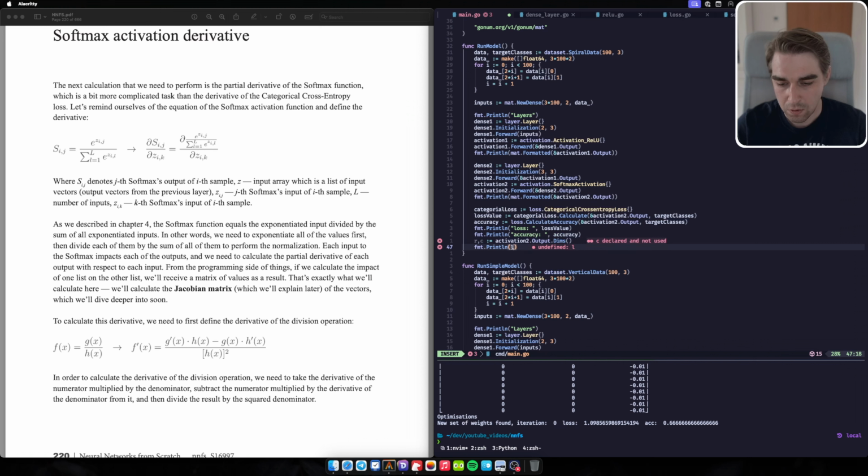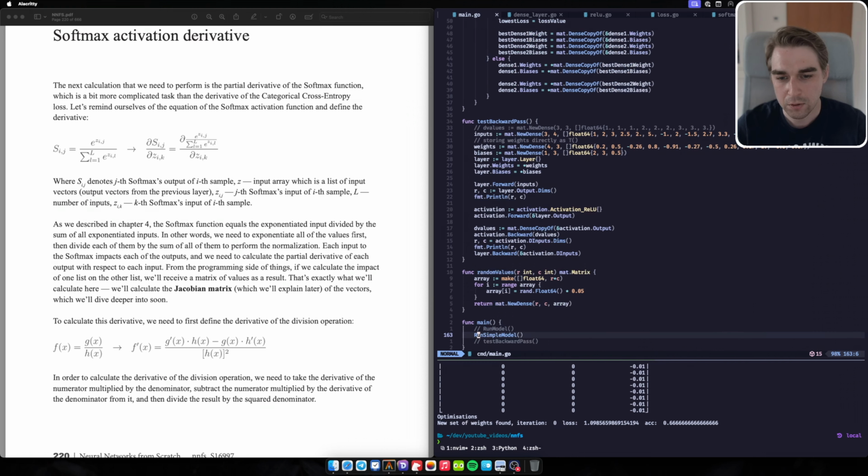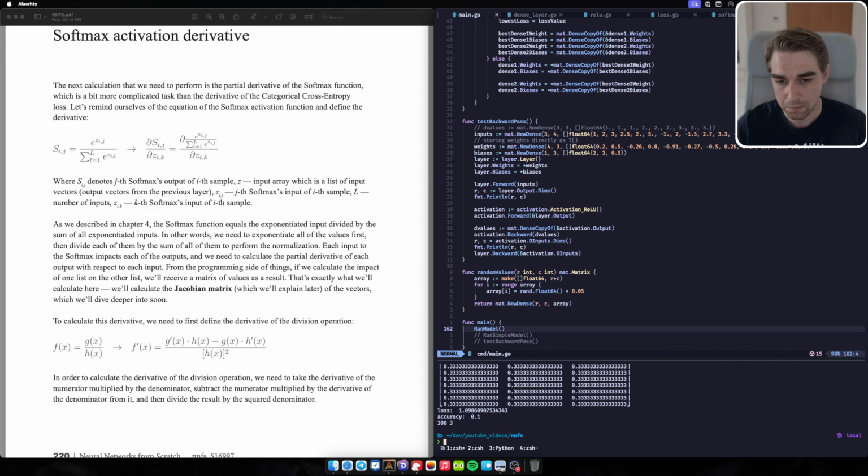And here I have it, and if I go to the main function, I want to comment this, run this, and oh no, well, yeah, it returns the number of output classes, not the number of inputs. Okay.